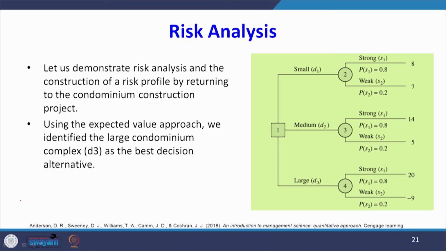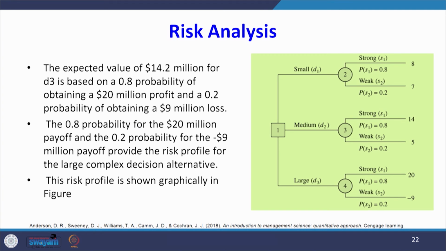So, we considered only the expected value. We did not consider the risk, the standard deviation, the deviation between what you expect and what actually is going to occur. The expected value of $14.2 million for D3 is based on a 0.8 probability of obtaining a $20 million profit and a 0.2 probability of obtaining a $9 million loss.